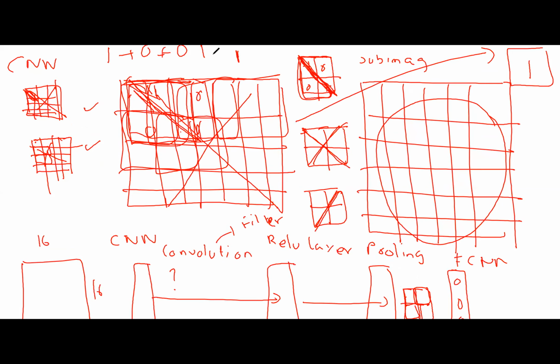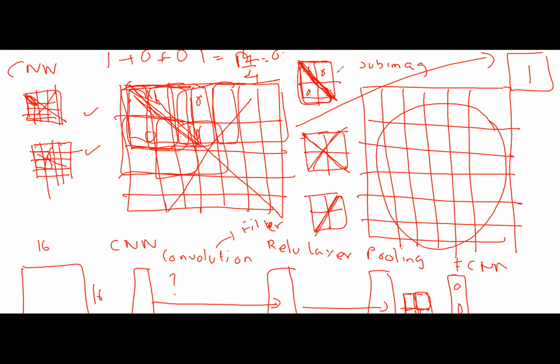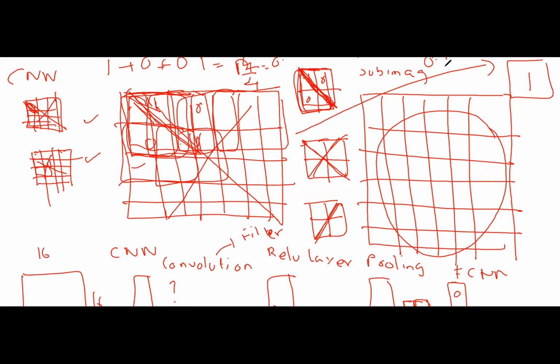If you take the average of that, it is 2 divided by 4, which is 0.5. So the sub output of the multiplication of these 4 with this 4 will result in 0.5, because it's the average of this.